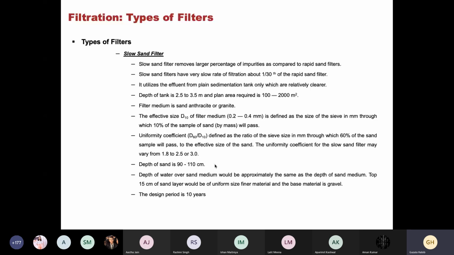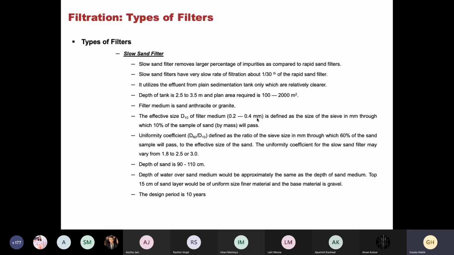The arrangement of the layers of sand and gravel is the same in both filters; the only difference is in sand grain size. One of the parameters that indicates the sand size is effective size. Effective size D10 for slow sand filter is between 0.2 to 0.4 millimeter, meaning sand grains of size 0.2 to 0.4 millimeter are 10% of the total weight of the sand.